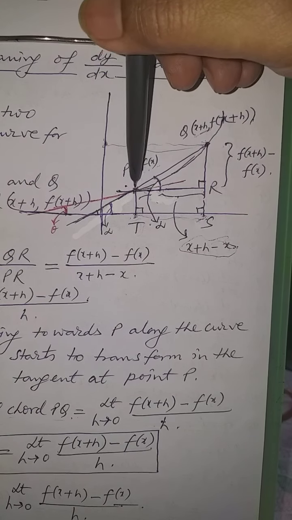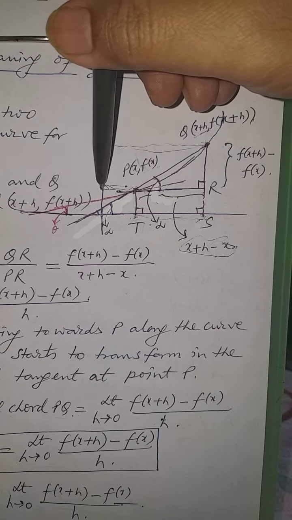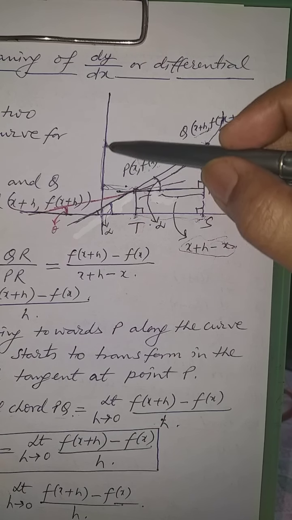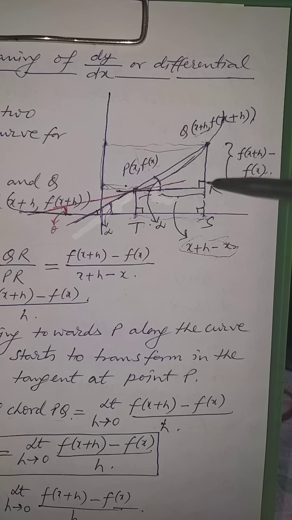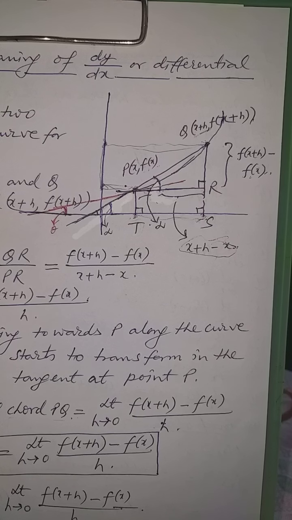That means from here if you drop a perpendicular on the y-axis, this point will represent f(x). So the length of this part will be equal to f(x plus h) minus f(x), and this length will be equal to this one. I hope till this point it is clear to all of you.